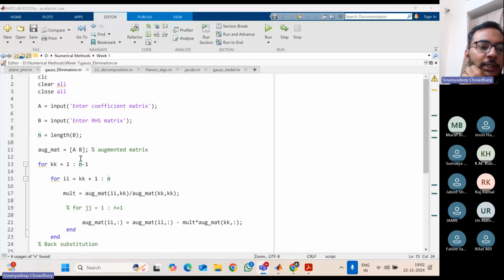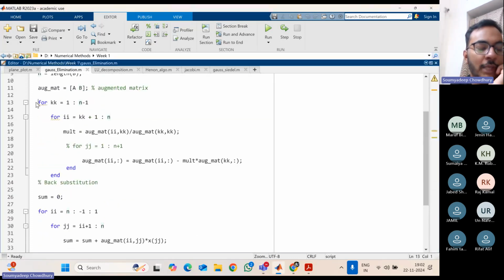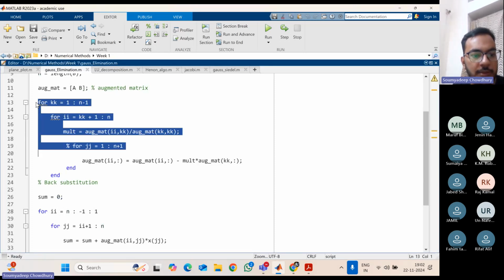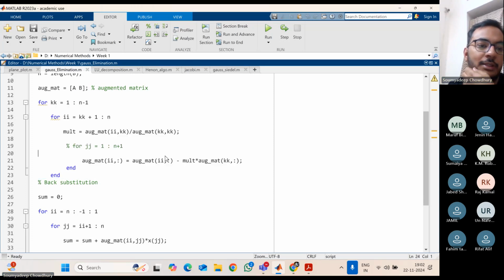Then I have formed the augmented matrix like this, because A is say a 3 cross 3 matrix, and then you have your B, which is a 3 cross 1. So if you write A, B like this, it will form the 3 cross 4 matrix which I showed to you. Then I have to highlight this part from line 13 to line 23. This is your conversion to upper triangular matrix.